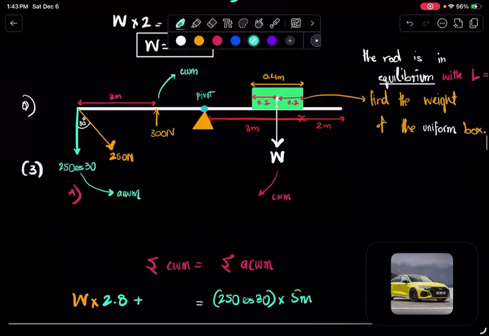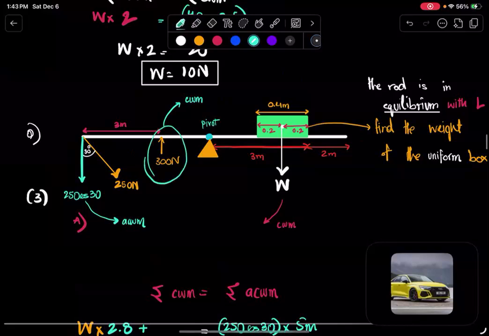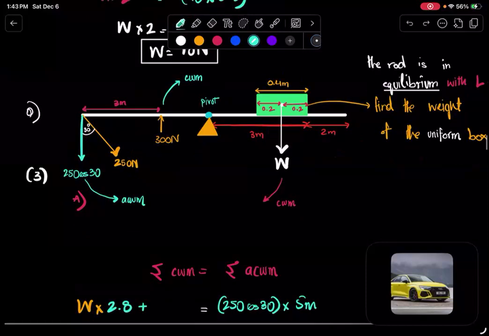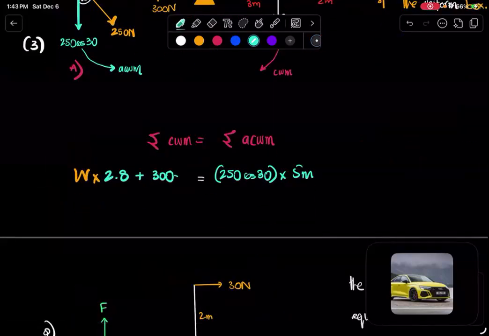Plus, is there any other clockwise moment? Yes, there is. It's this force. So 300 multiplied by 2 meters over here. And that's how you find out what W is.